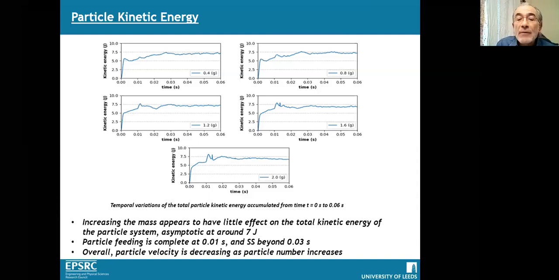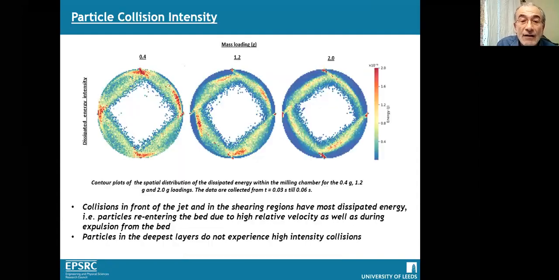There are implications of that, and that's that particle velocity is decreasing as the particle number increases. The system is complicated because the collision frequency is changing, the collision velocity is changing, a lot of things are changing, but overall, the total energy dissipated is constant.